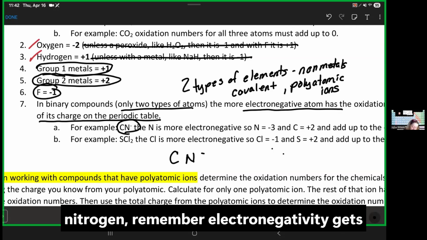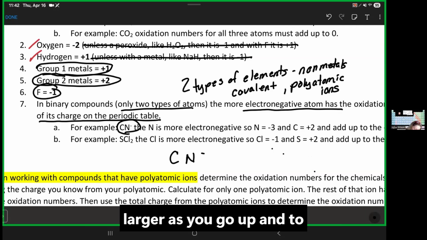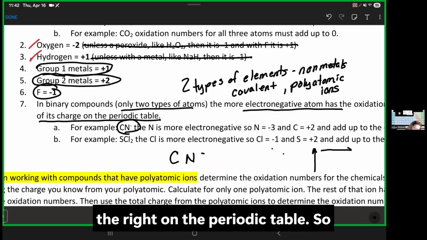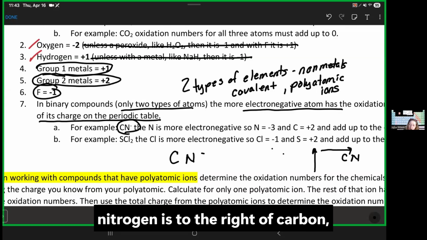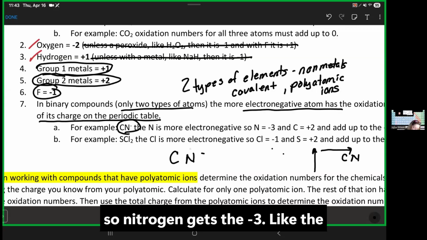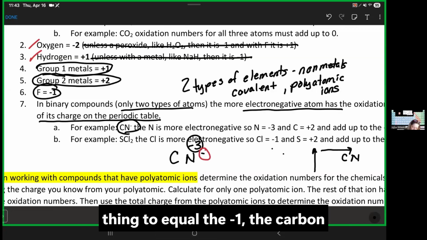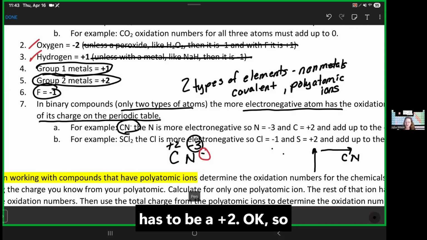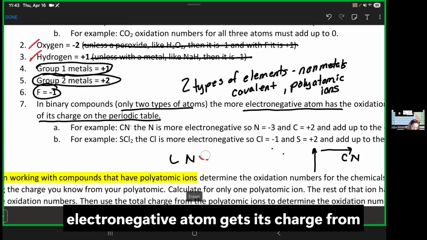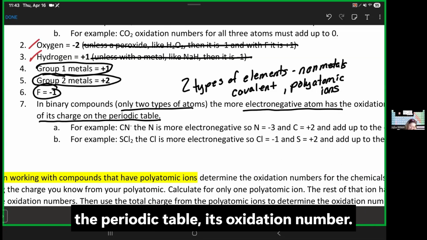Remember, electronegativity gets larger as you go up and to the right on the periodic table. So nitrogen is to the right of carbon, and nitrogen gets the -3, like the periodic table. In order for this whole thing to equal the -1, the carbon has to be a +2. So in binary compounds, the more electronegative atom gets its charge from the periodic table as its oxidation number.